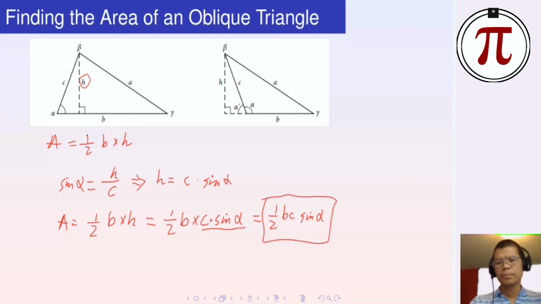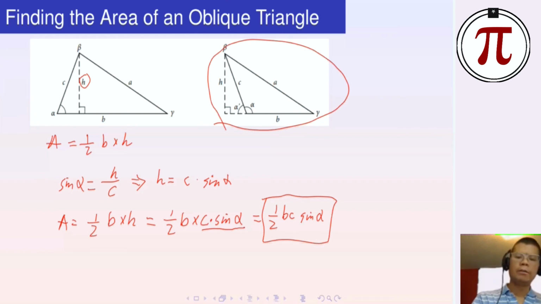Okay. Now the same thing is for this triangle as well. If alpha is greater than 90 degrees, sine alpha and sine alpha prime are going to be the same. And then you also have this one. So it is going to be 1/2 bc times sine alpha. Now you see that alpha is the angle between the sides b and c.